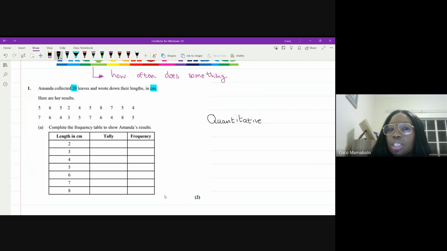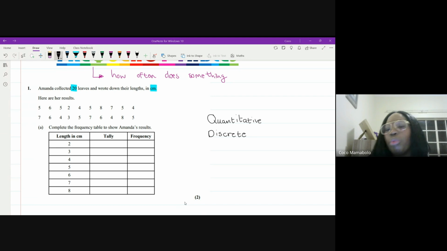So is it discrete? Is it continuous? It is discrete data. And guys, this is very important information. It's going to come up in your quiz on Wednesday. So bear in mind, very, very important, it's going to come up.